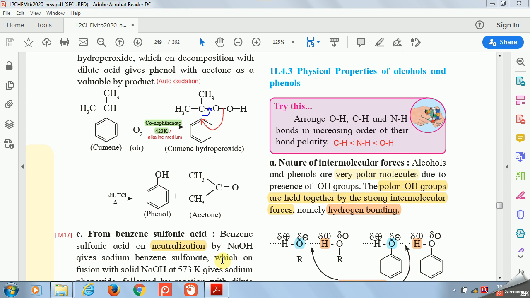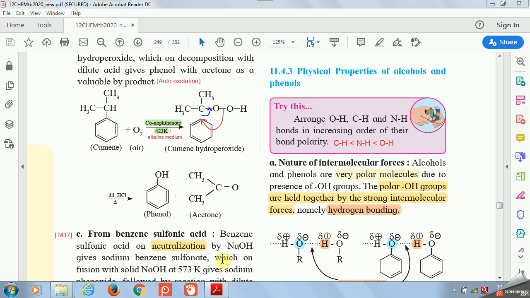For example, CH bond is non-polar, CC bond is non-polar because both these atoms are of the same element, they have equal electronegativity, so such bonds are non-polar. But if we consider CH, OH and NH bonds, in which one atom is hydrogen and another atom is different than hydrogen, they have different electronegativity than hydrogen.